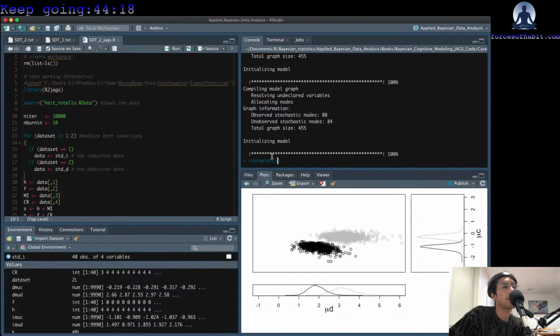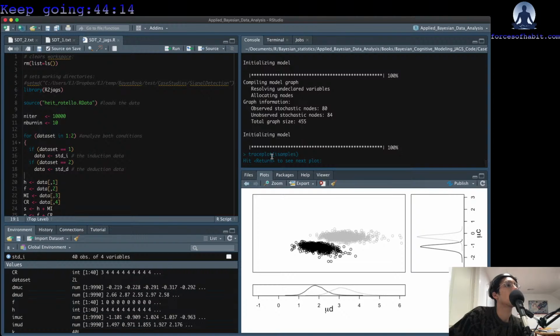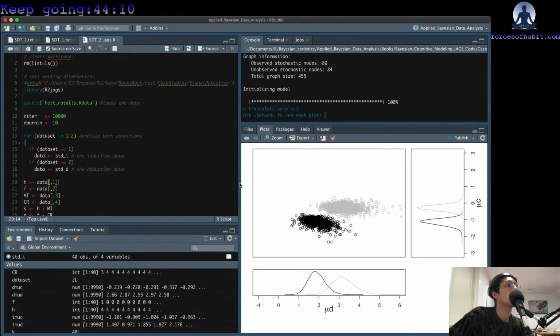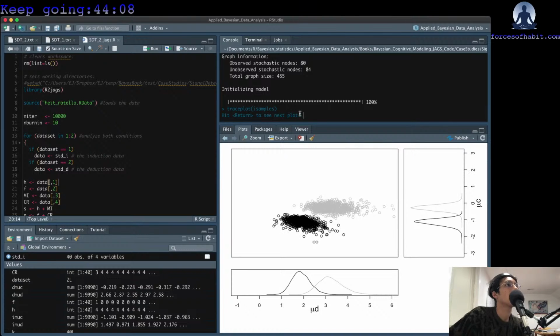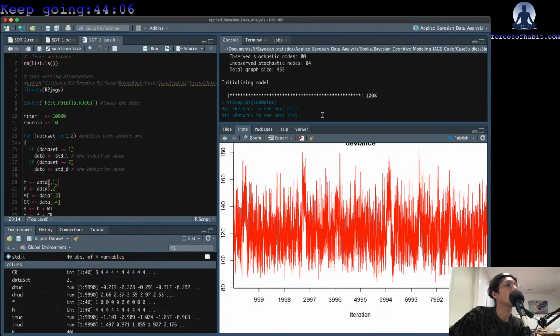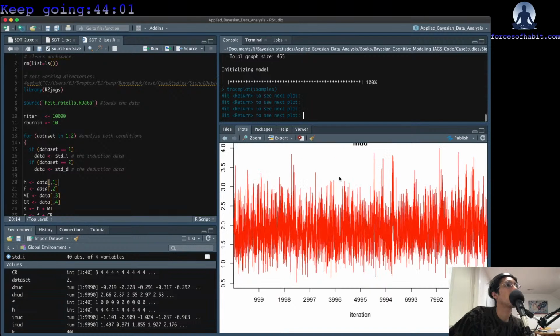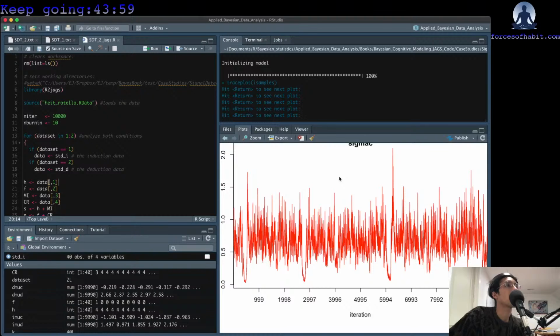And I want to look at I samples. There's deviance there. Here, you see. This is what it's talking about.